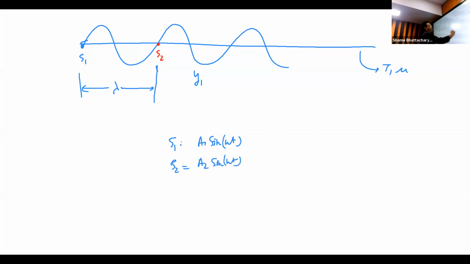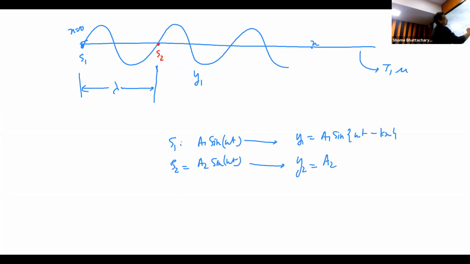Then the wave produced by S1, if this point is x equal to 0, then at any point x, the wave produced by this will be A1 sine omega t minus kx. But the wave produced by S2 will be A2 sine omega t minus k, now this will become x minus lambda because the distance between the two sources is lambda.